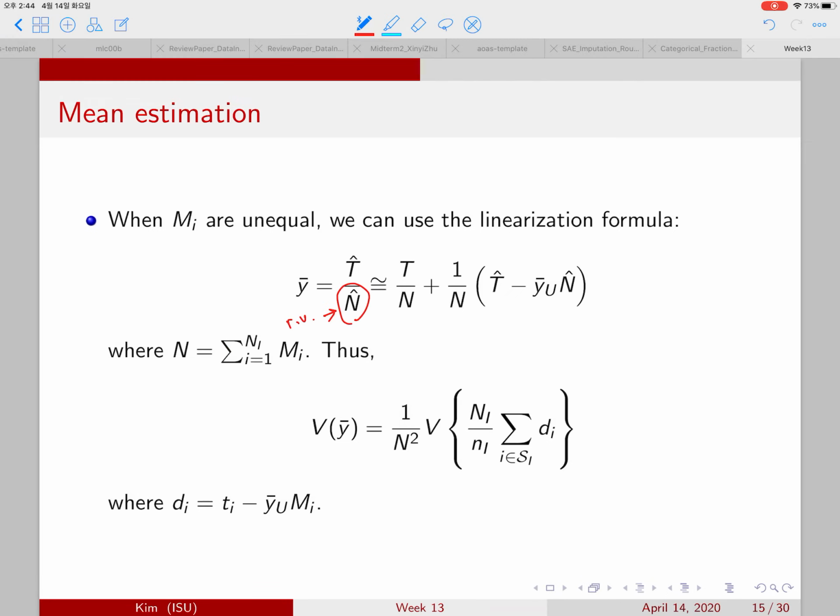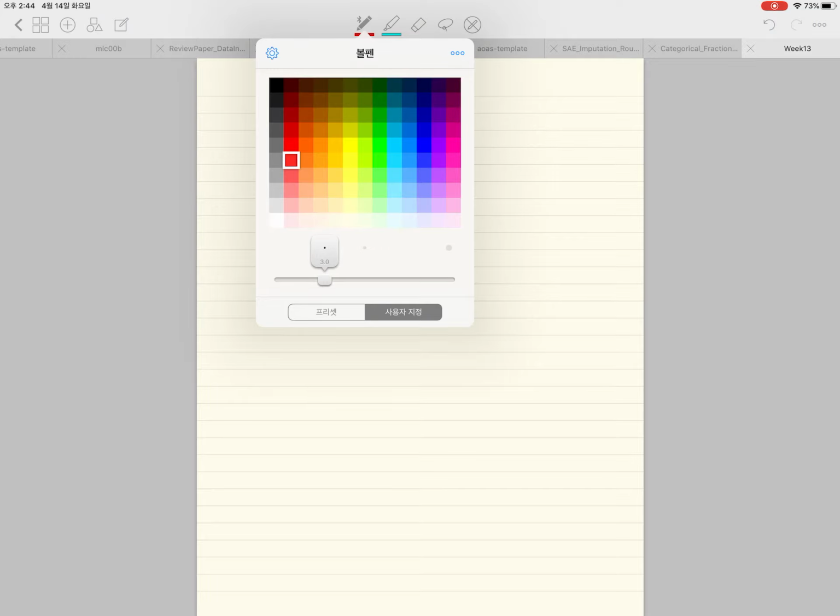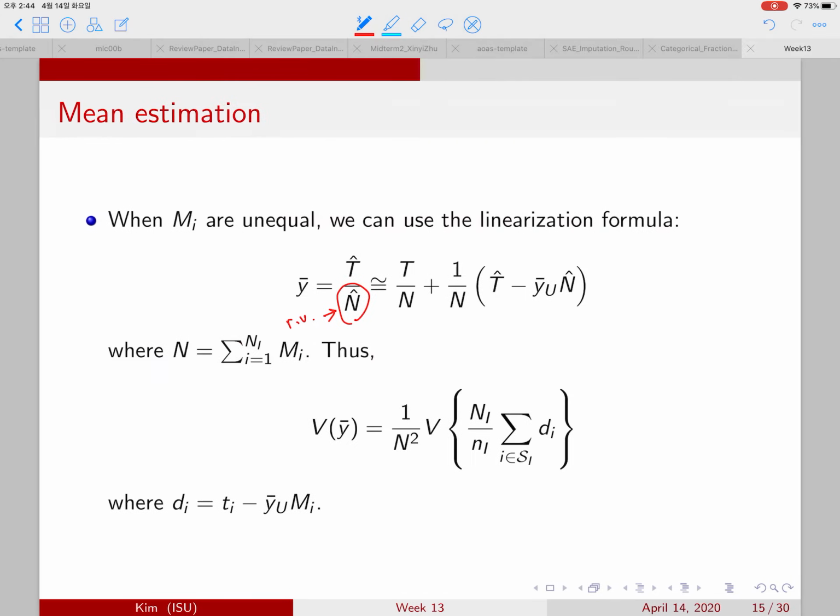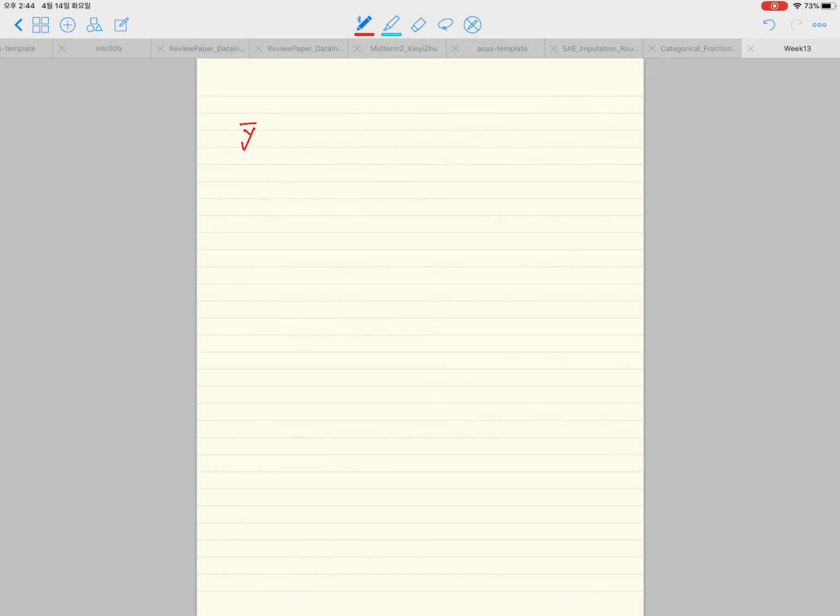So now we have y bar r equal to t hat divided by N hat. Let's write it as t hat over N hat.